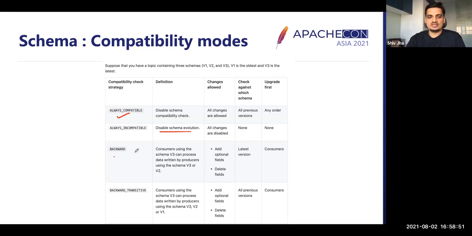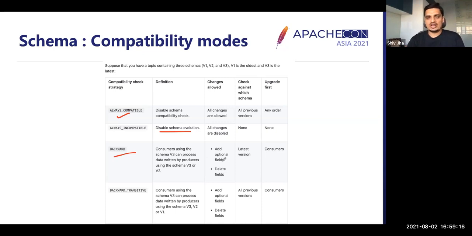Backward compatibility is where your current new schema will be checked against the previous schema for backward compatibility. So for instance, you have a new schema, which is, let's say you already had V1 and V2, and the new schema is V3. So V3 will be checked against V2 to make sure that V3 is backward compatible with V2.